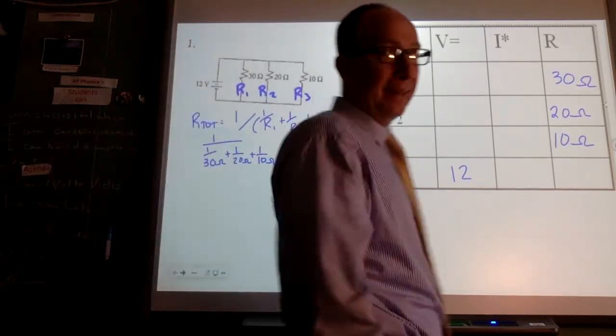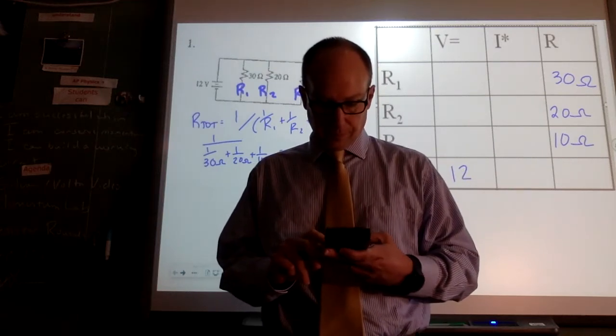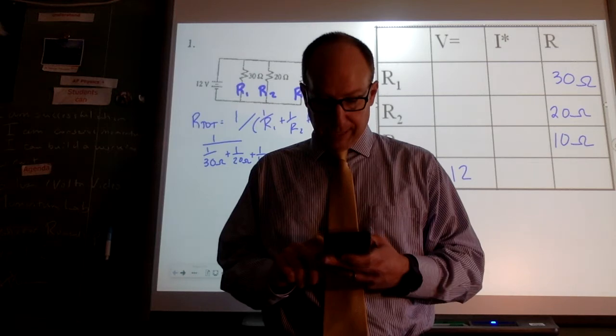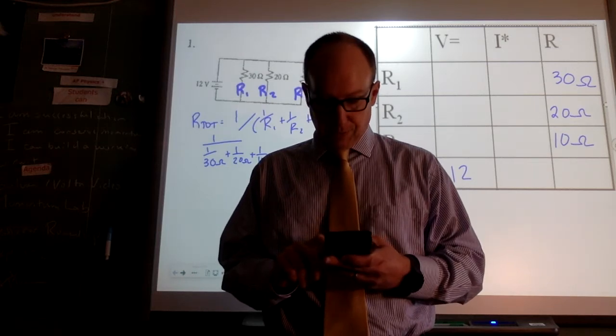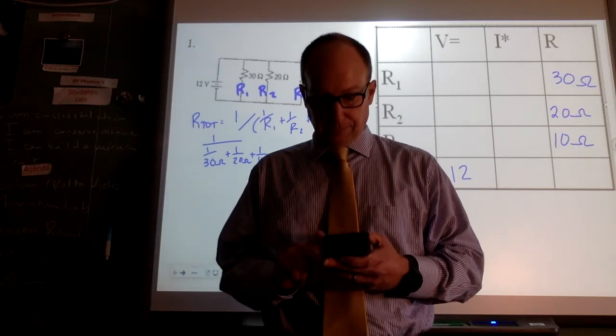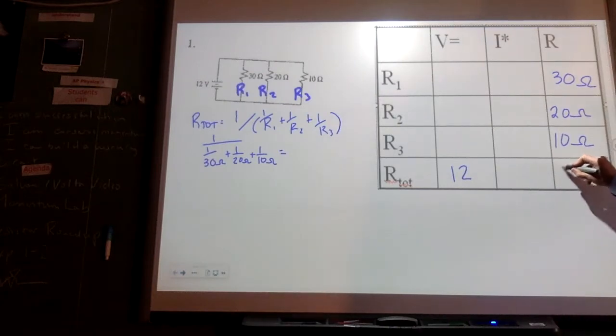And this should be less than the least resistor. It's like 1 divided by 30 plus 1 divided by 20 plus 1 divided by 10. I have 5.45. So I'm going to call that my total.